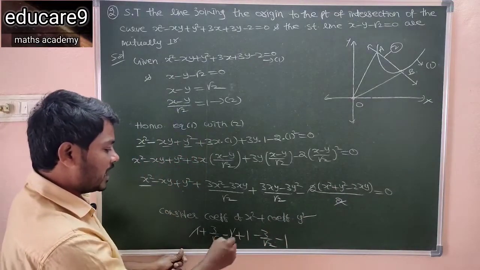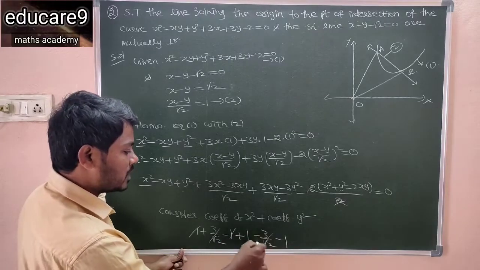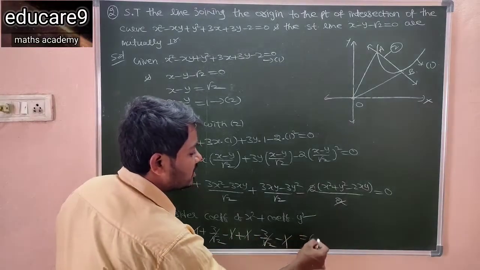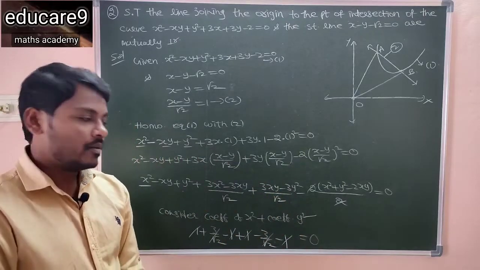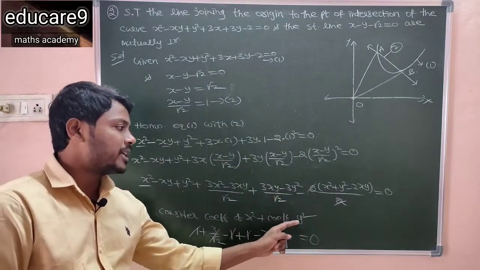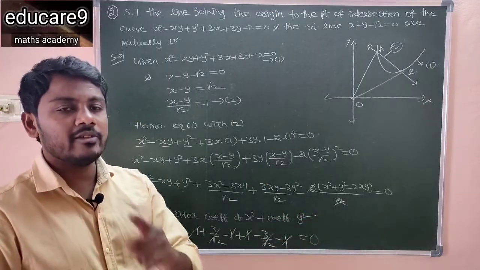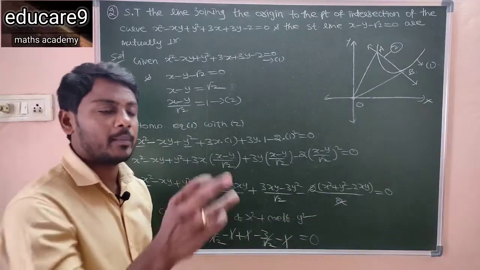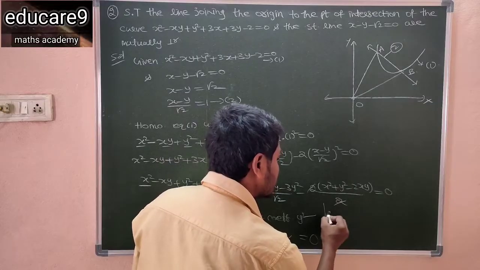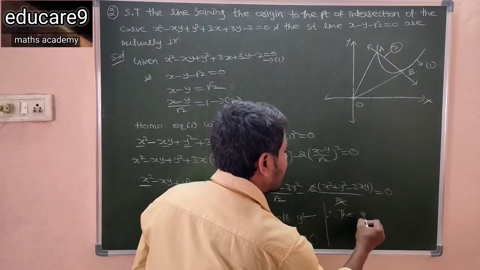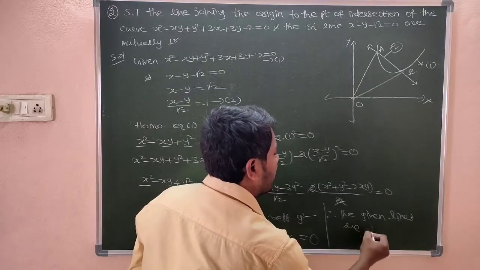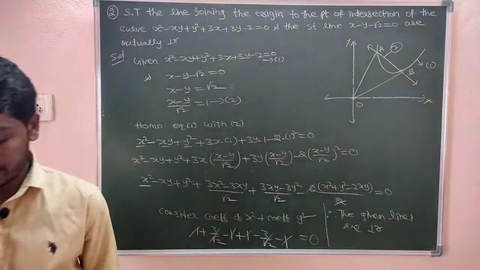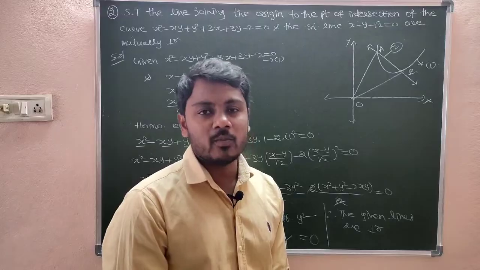So here plus 1 minus 1, 3/√2 minus 3/√2, you will get 0. So it means coefficient of x² plus coefficient of y² is 0. So then you say that the given lines are perpendicular. Okay. So for the next session we will discuss more problems.